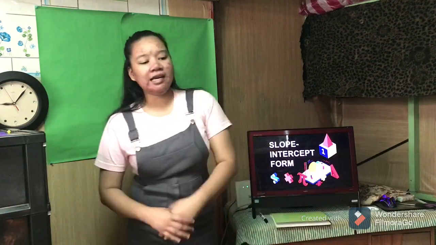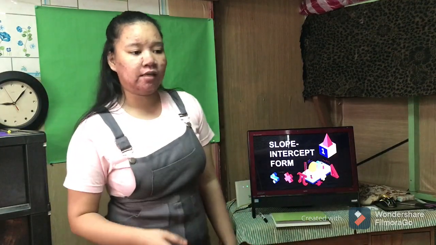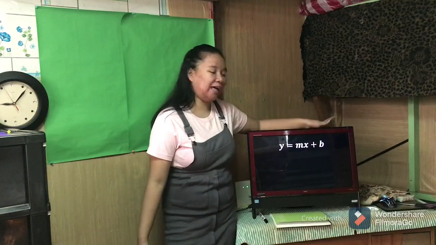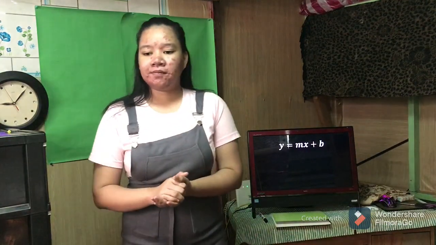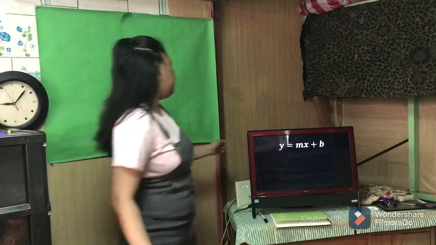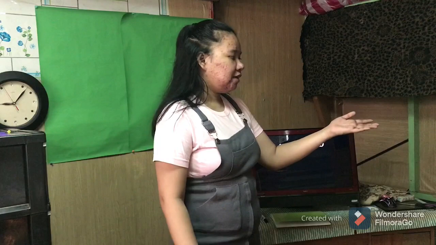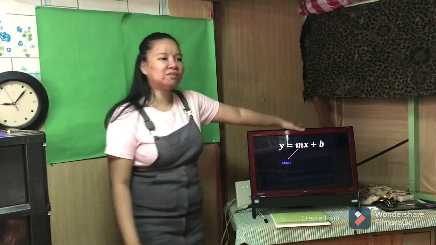In our last lesson, we discussed that a straight line on a coordinate plane can be described by the equation y equals mx plus b, right? Where m is the slope. What is the slope again? Yes, Roxanne. Very good. What about the b?